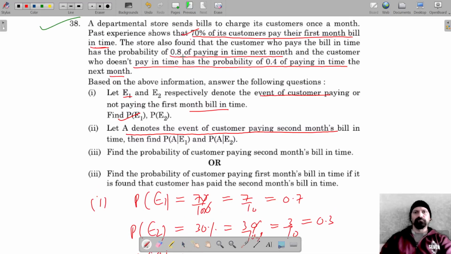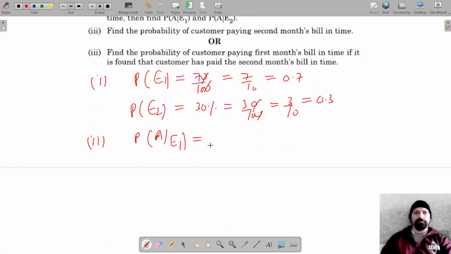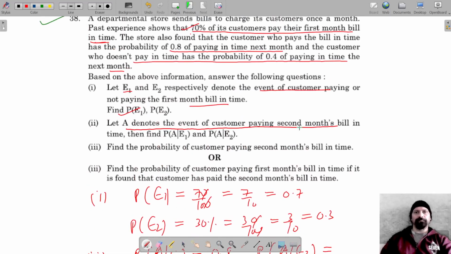This is the probability of paying in time next month, so this is 0.8. And the probability of paying next month's bill in time when the customers have not paid the first month's bill in time is 0.4.